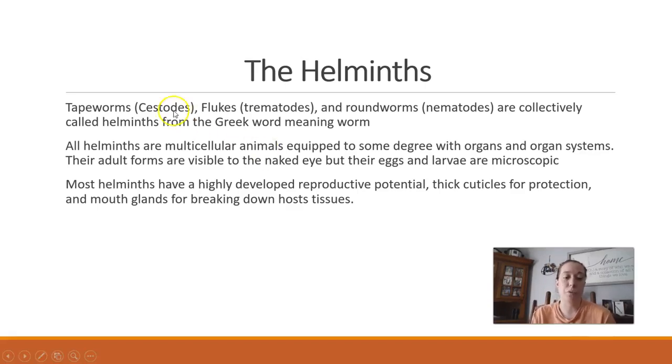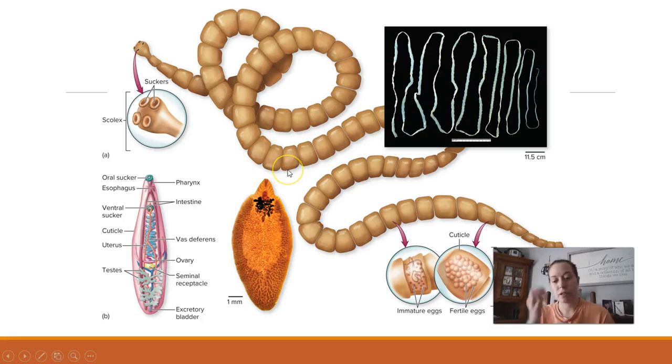Their adult forms are visible to the naked eye, but their eggs and larvae are microscopic. Most helminths have a highly developed reproductive potential, thick cuticles for protection, and mouth glands for breaking down host tissues. I've put a little bit of a visual here, and you can see what that looks like as a helminth right there.